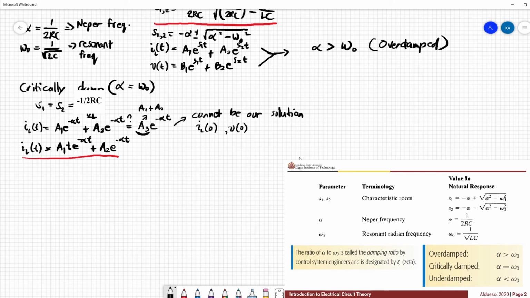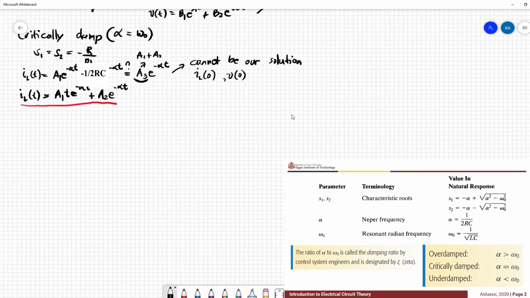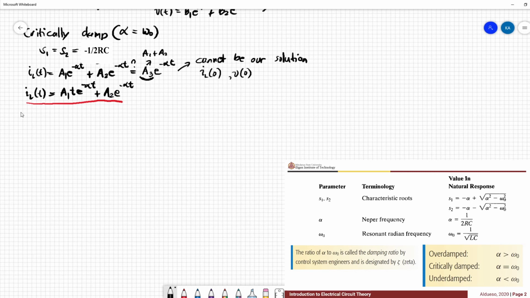Now, if we take a look at the underdamped case, we have alpha less than omega naught. So the values of our S1 and S2 will become complex numbers.